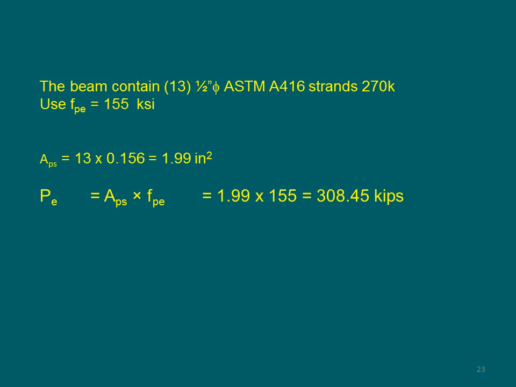Total cross-sectional area of all the strands is going to be equal to 13 multiplied by the cross-sectional area of a 1/2 inch strand, which is 0.156. You have a total here of 1.99 square inches. Effective pre-stress force is going to be equal to Aps, total cross-sectional area of the strands, multiplied by the effective pre-stress. This is going to be a total of 308.45 kips.